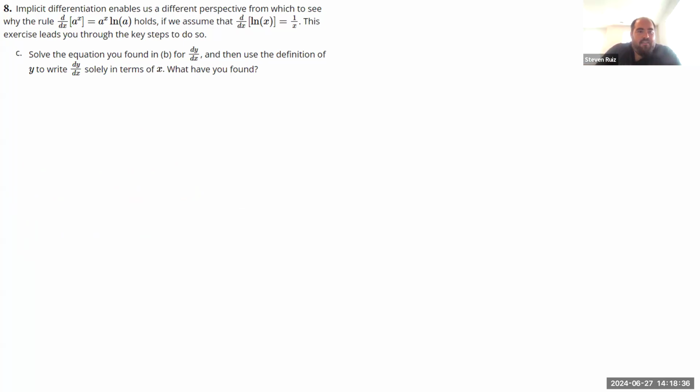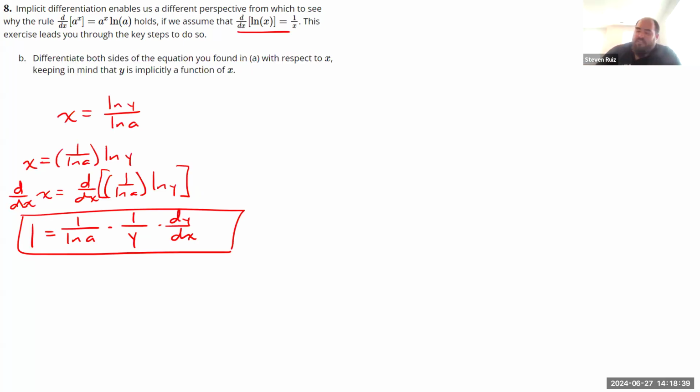Part C: now we want to solve for dy dx. Even though part C is on another slide, I'll just rely on my work here. I want to isolate dy dx, so I'm going to multiply both sides by the natural log of a and y. That gives me dy dx equals y natural log of a, which is correct, but I want the right-hand side to be only in terms of x.